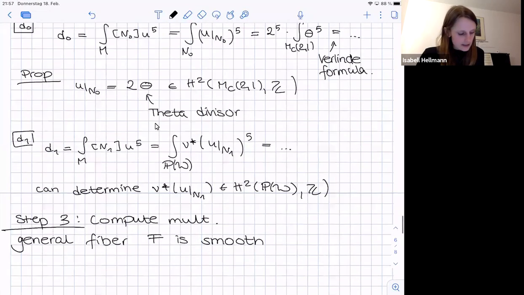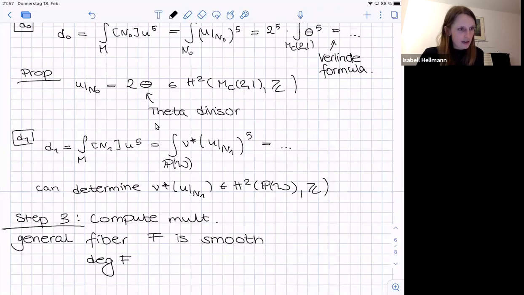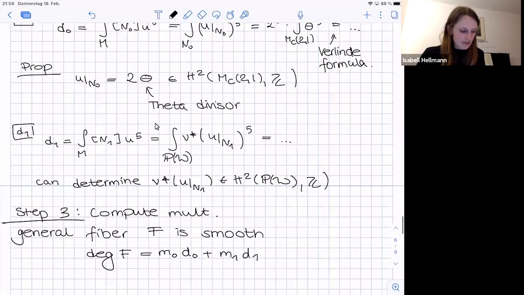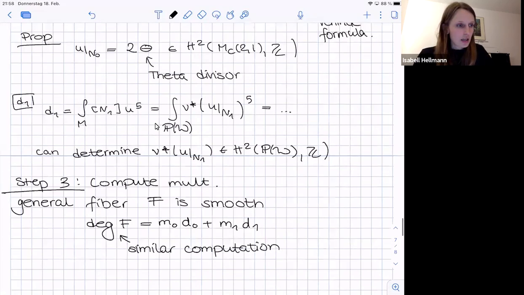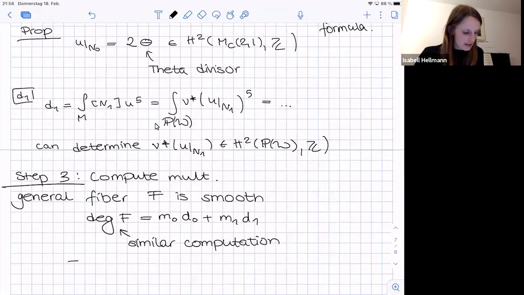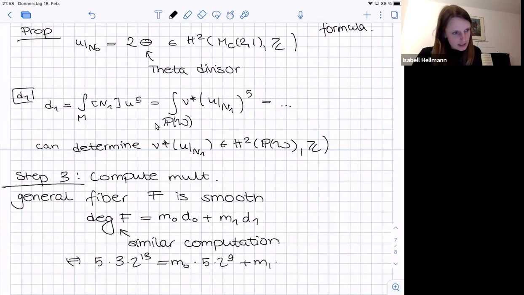So what you find is that the degree of a general fiber is just the product m0 d0 plus m1 d1. And for the degree of F, you do a similar computation as for D0, or you could also use the Beauville-Bogomolov form if you want. So what you find is 5 times 3 times 2 to the 13 is equal to what I computed above. Just spell it out.